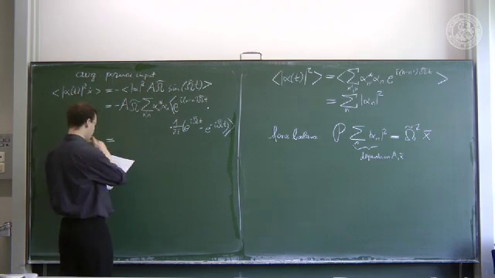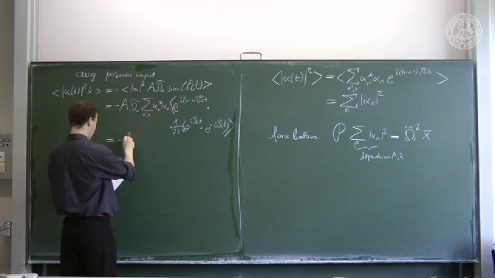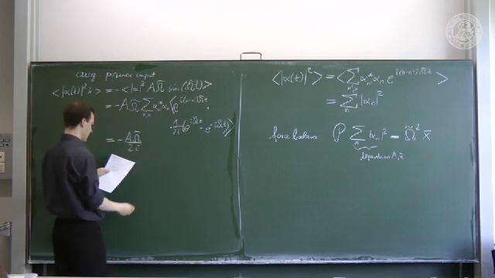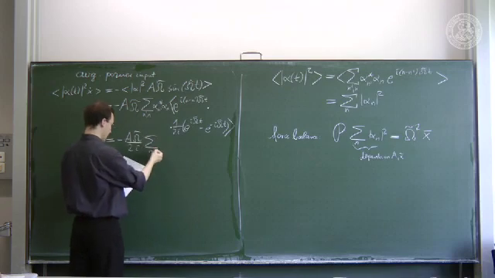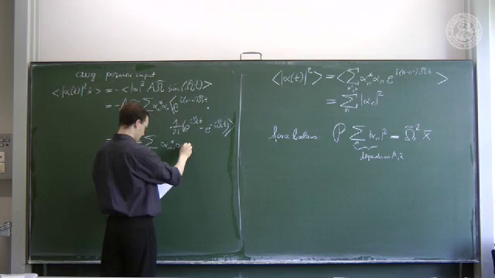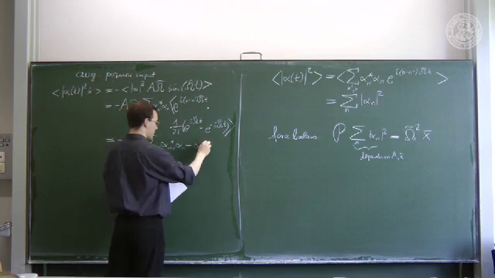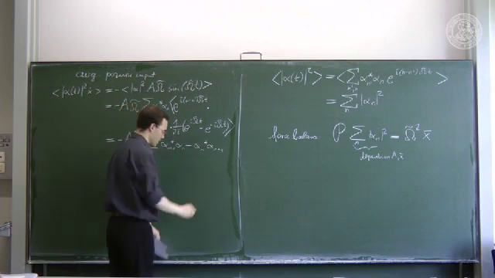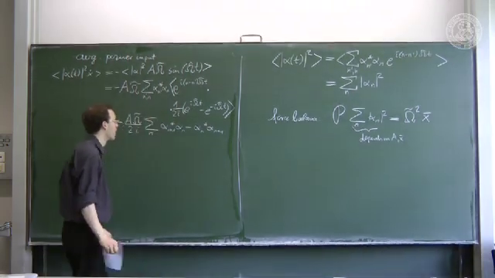And I find that this is minus A omega tilde divided by the 2i from here, times the sum over n of alpha n plus 1 star alpha n, minus alpha n star alpha n plus 1.